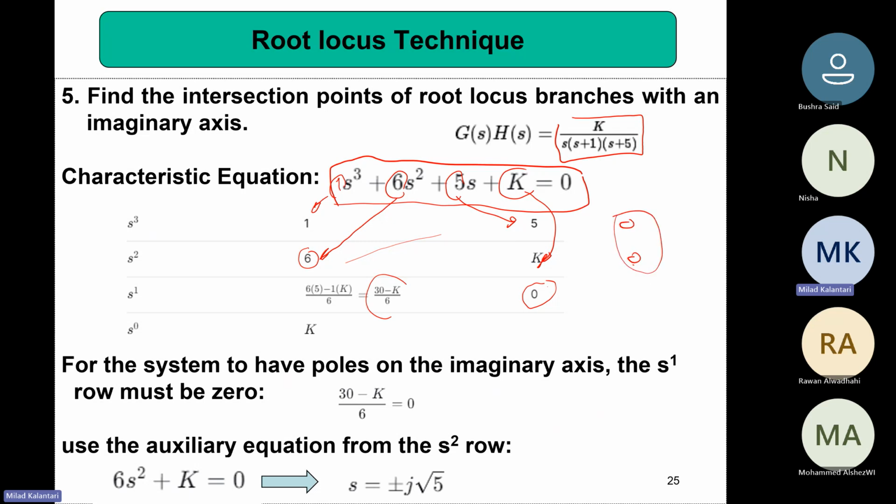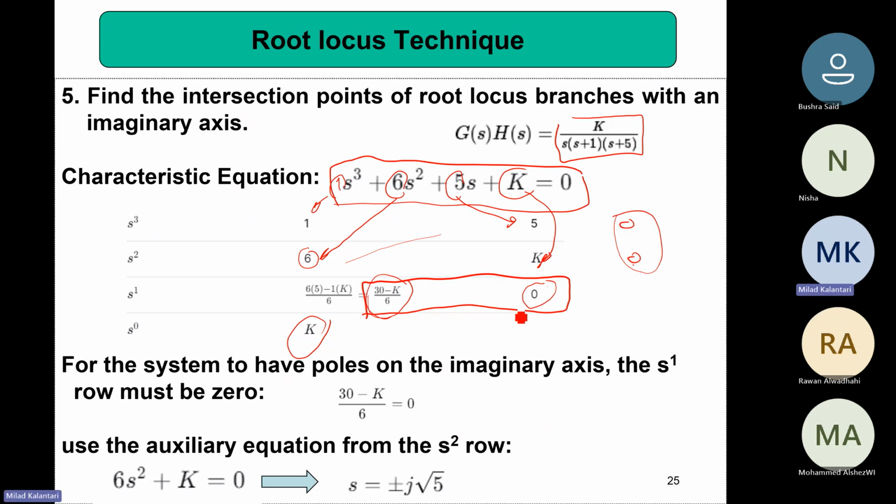And then from here, if you continue to the next level, it will be k again, right? But we know that if we want to figure out where the intersection with the j omega axis is, we need to make this row become 0, right? And then from here, we can find what value of k actually makes that situation happen.